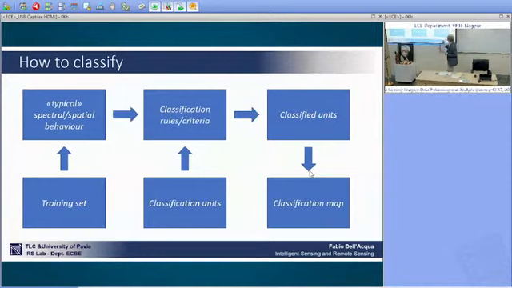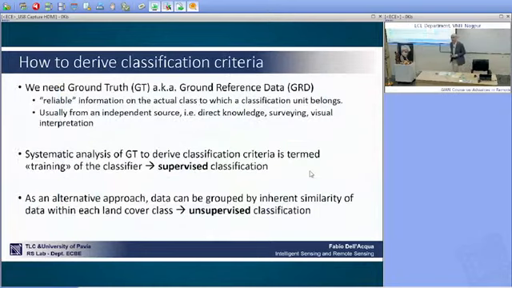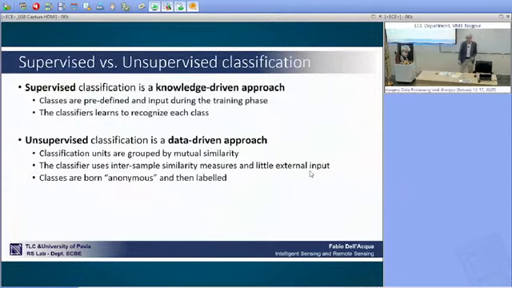So here we have classified units, and these classified units will build the classification map that I am interested in. Now, whether I want to keep this part or not determines whether I am using so-called supervised or unsupervised classification. Are you familiar with this concept? Frequently, you probably have seen both cases, supervised and unsupervised.